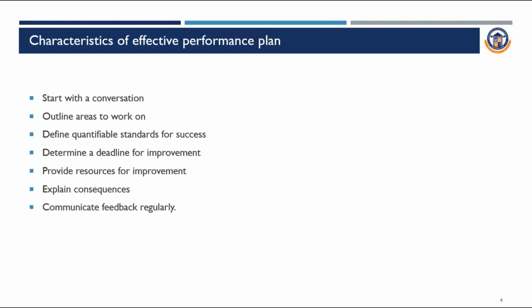Next is to outline areas to work on. Maybe a representative is falling behind in a certain area, such as failing to meet a quota for 3 straight months. Alternatively, a performance plan could address behavioral issues such as failure to adhere to company rules, or contribution between teams or within teams.